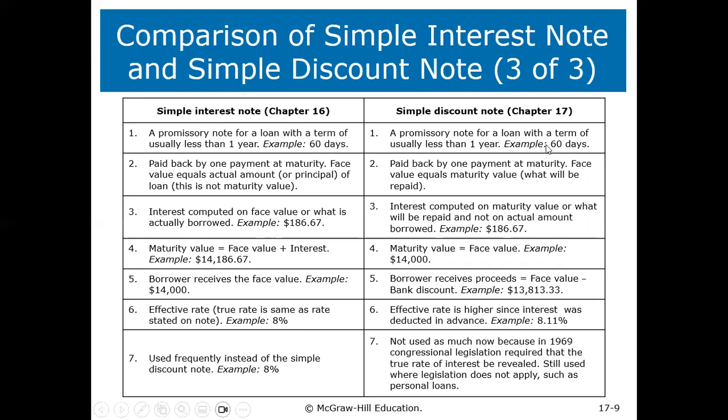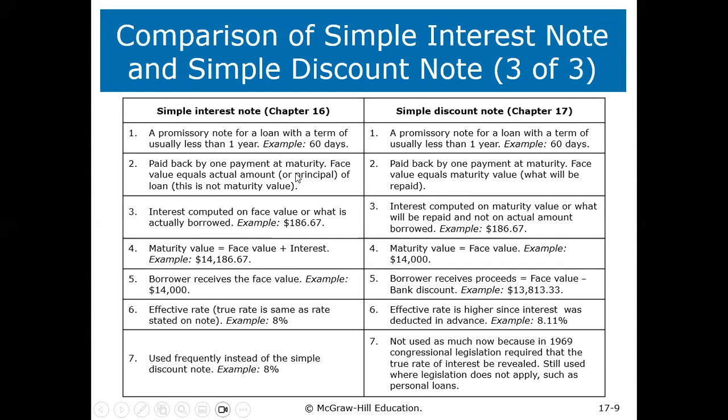Okay, very quick comparison. We had, as an example, a promissory note for a loan with a term of, a promissory note usually has a term that's less than 1 year. Okay, 60 days, 90 days, usually less than 1 year. For the simple interest note, it's paid back by one payment at maturity.